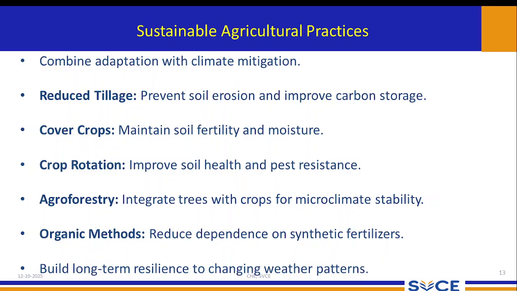That means they have used synthetic fertilizer. That is the indication. So what I am trying to say is that organic is good for health.